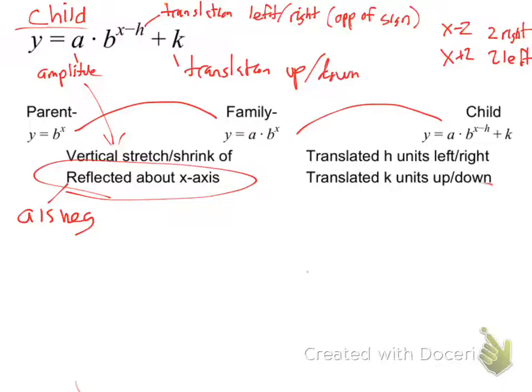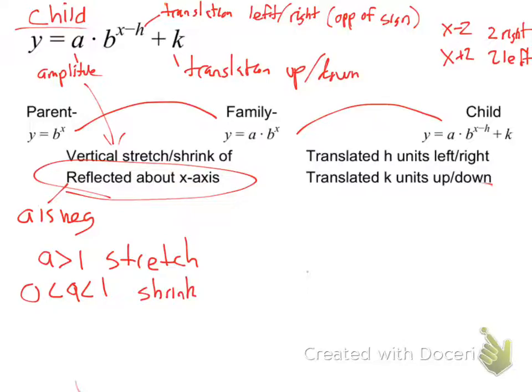We ignore the negative sign from there on out, and just like I just said, if A is greater than 1, it's a stretch. And if A is between 0 and 1, what is it? It's a shrink. It's going to get shorter.